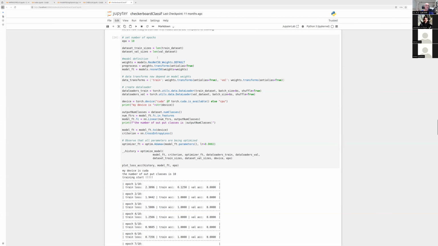So this is the same thing. The data loaders from the data sets in exactly the same way, the same change of the final layer, and this same optimize model function being called here. So here I'm just recycling the things that we have just seen, and you can do the same.